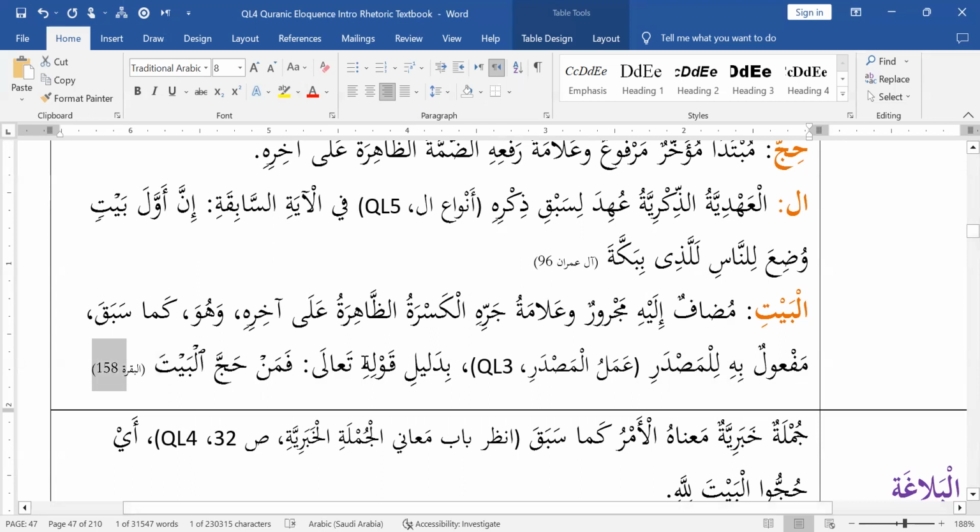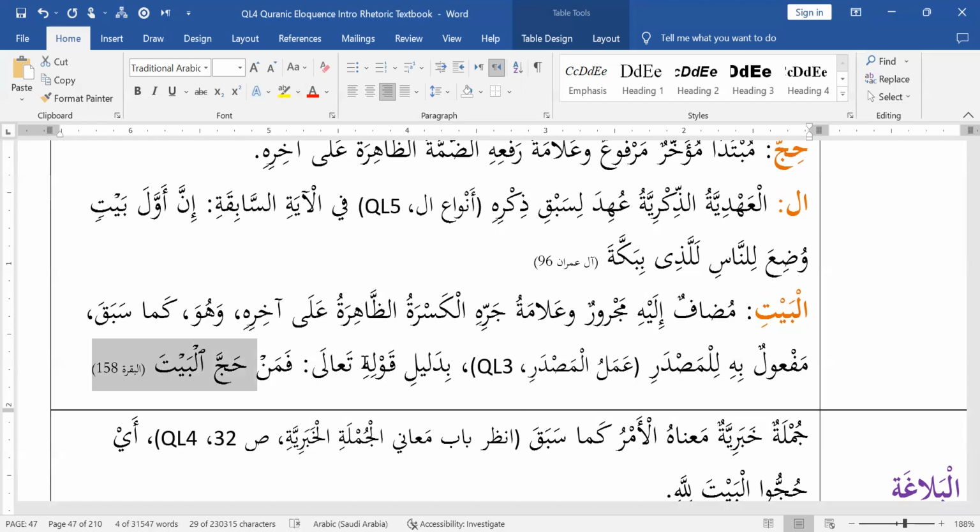So this is a dalil that supports the fact that the word hijj, which is masdar, can do what the word hajja, which is the fi'l, does, because it's shibhul fi'l. So just like hajja has a maf'ul bihi al-bayta, hijj can also have a maf'ul bihi, except that it's mudaf ilayh majroor.